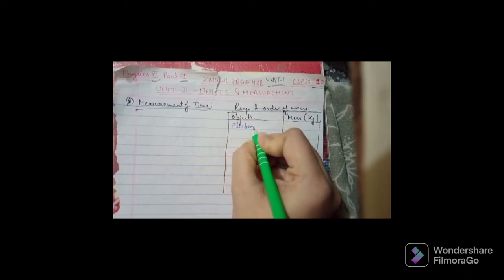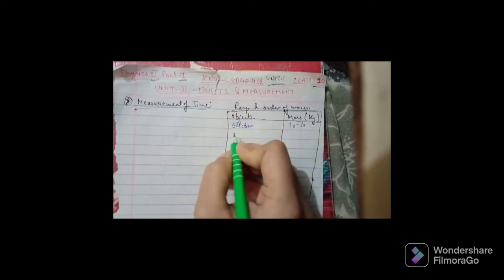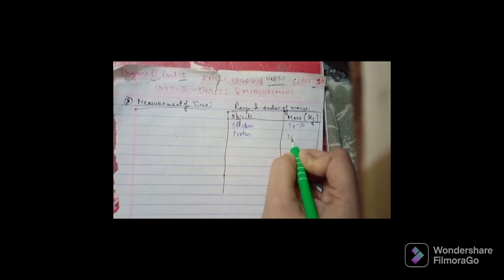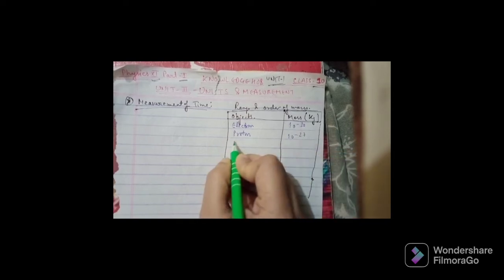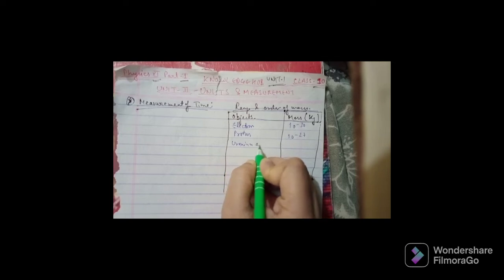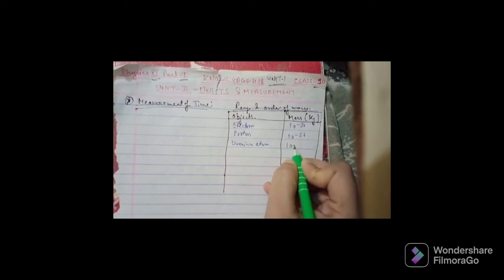which has a mass in kg of 10 to the power minus 30. We have the proton, 10 to the power minus 27. Uranium atom, which is 10 to the power minus 25.